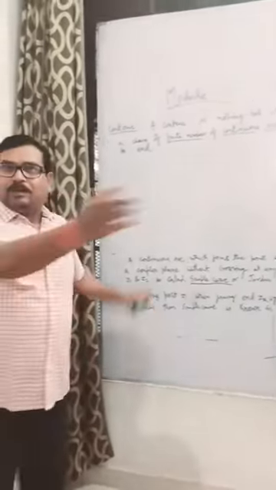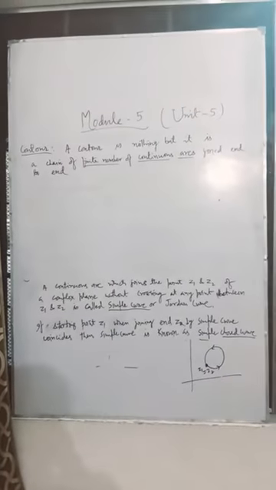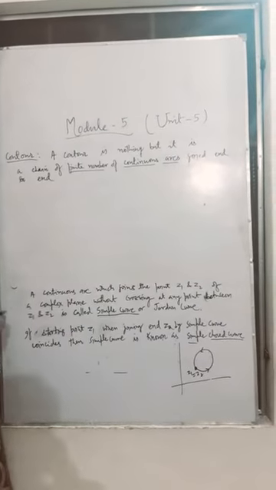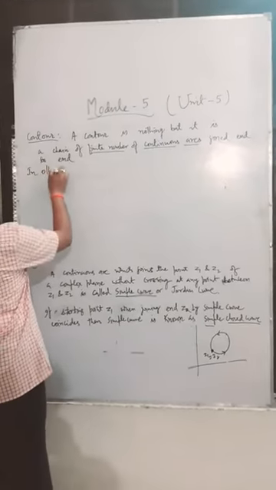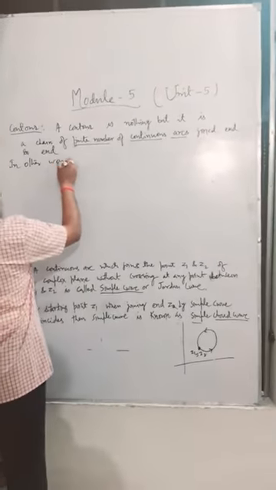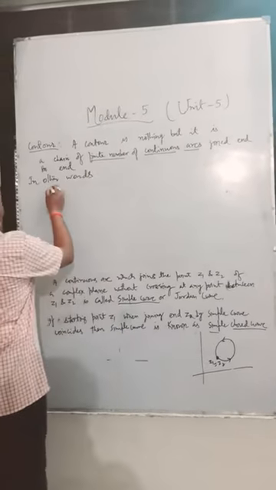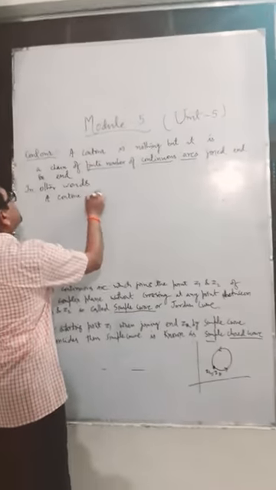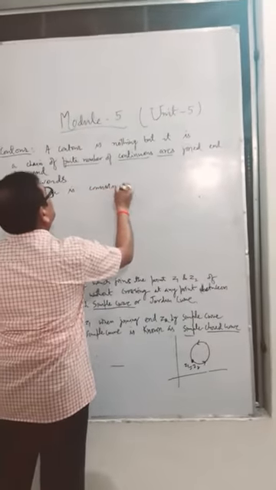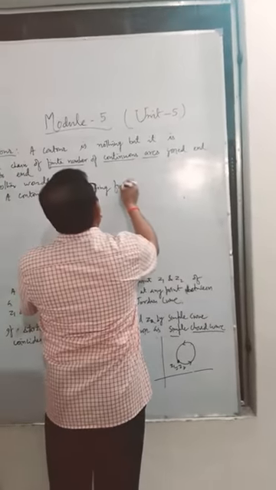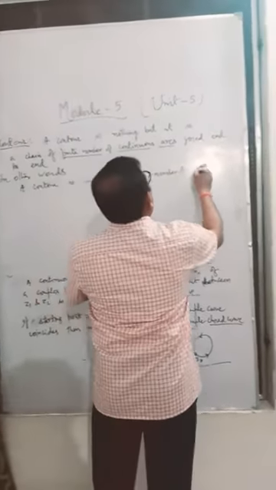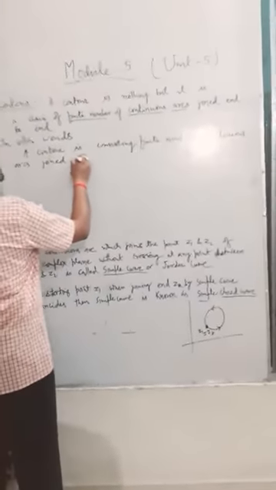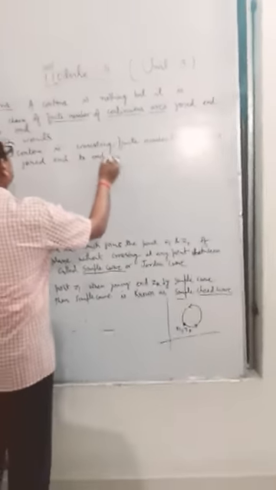In other words, we can say a contour consists of a finite number of continuous arcs joined end to end.